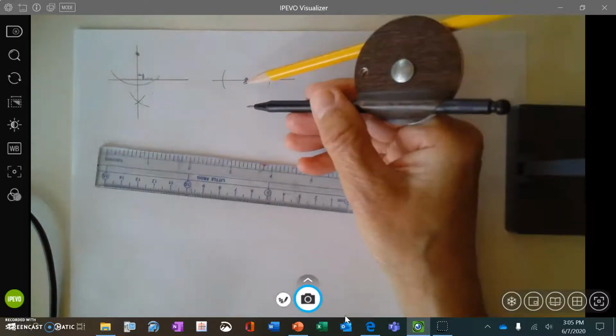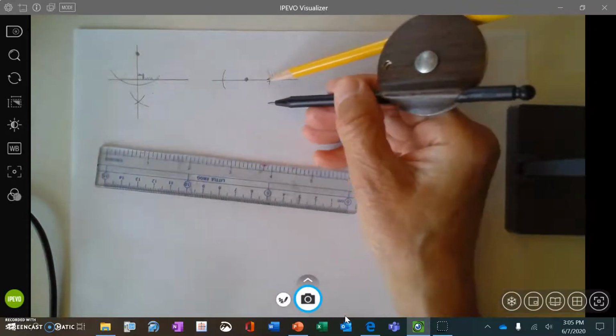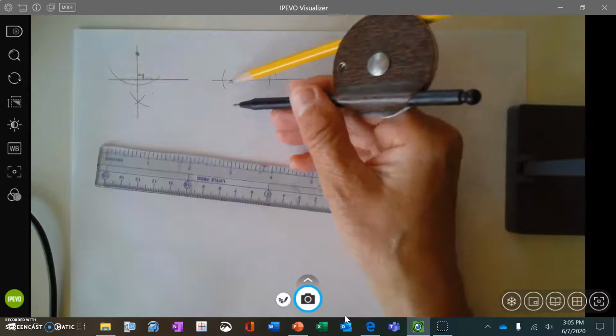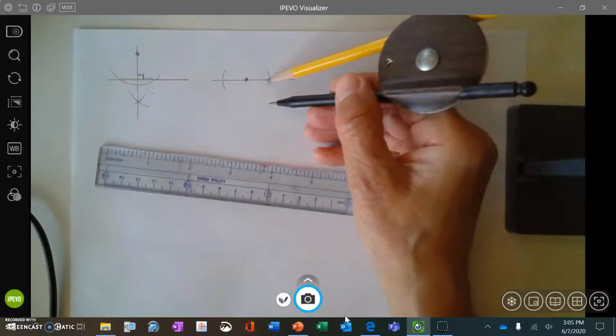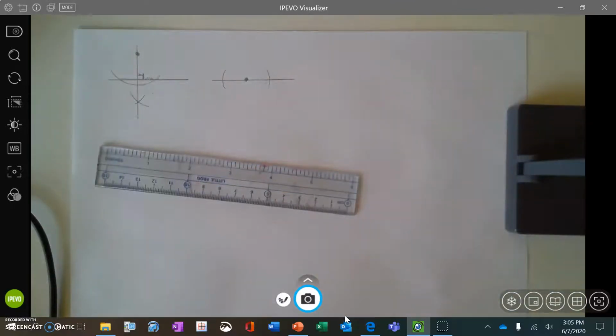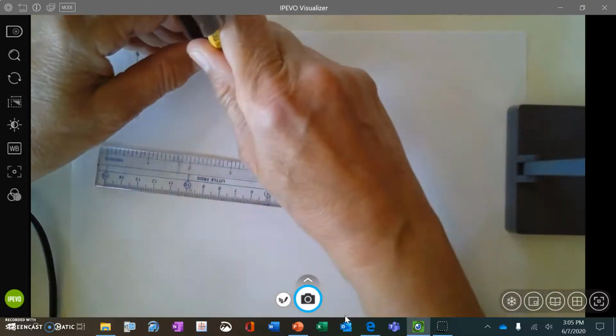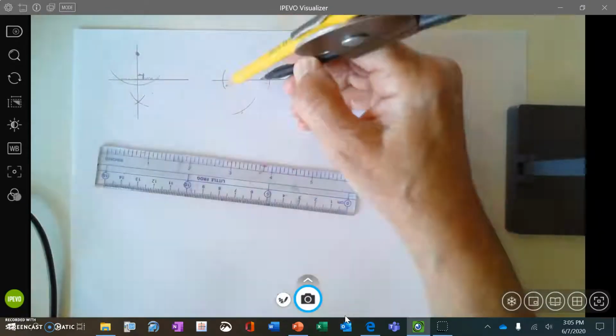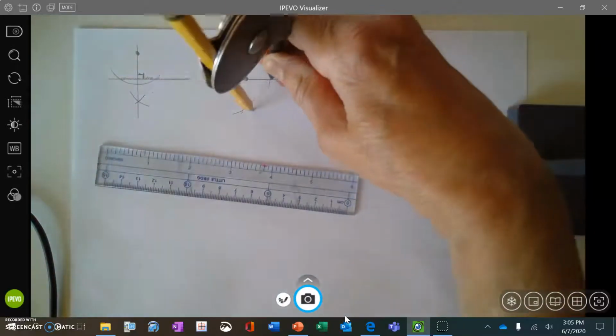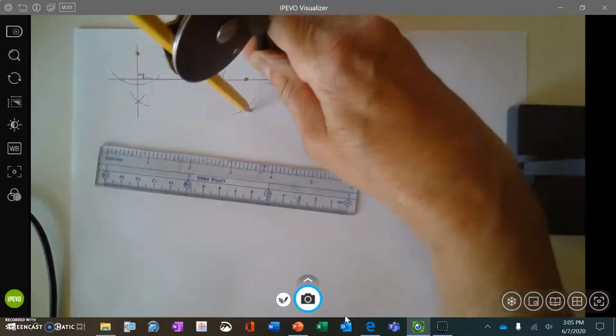Okay, so now that point is the same distance from each endpoint of my helping segment, so therefore it is on the perpendicular bisector of that helping segment. Second step, stab in at each of these two arc intersections and create 2 new arcs. So there's one, and here's the other.